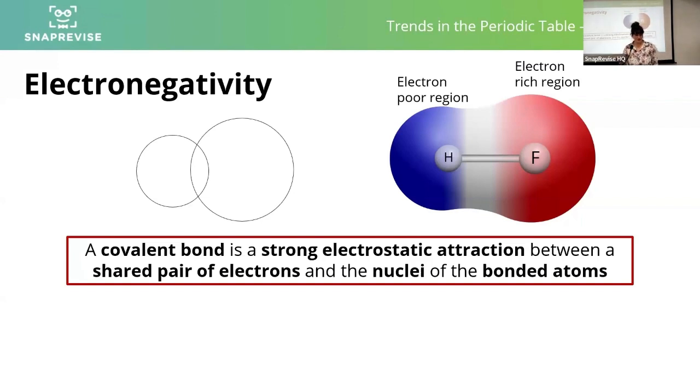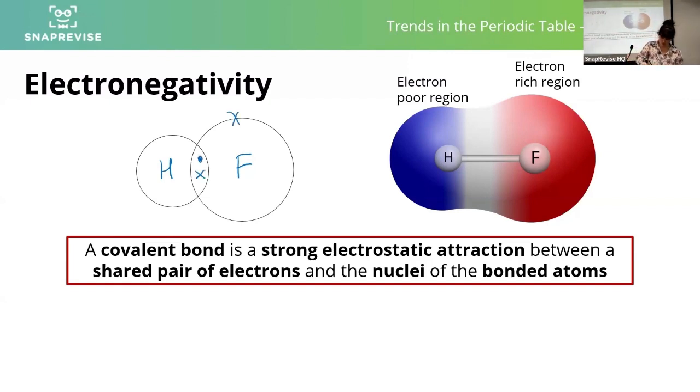But yeah, so what's happening in covalent bonds? Why are we talking about electronegativity? Well, if we've got HF, just as we've got this diagram here showing us our electron-rich region and our electron-poor region, if we draw HF there and show it in terms of a dot and cross diagram, our shared pairs of electrons.